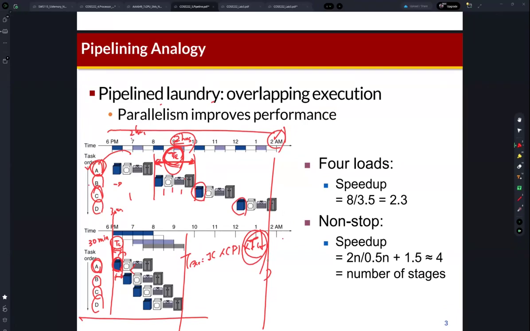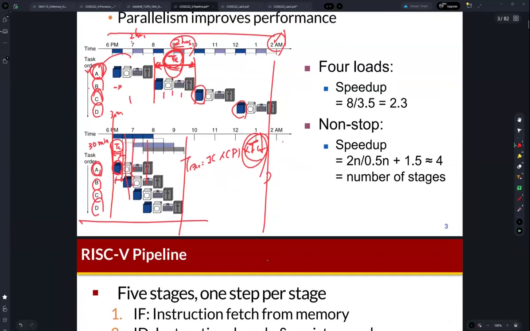Okay. So we can apply pipeline design if we can split a single task into multiple steps. This is the first condition. So if we can divide a single task into multiple steps, and there are many tasks, right? As you can see, there are 4 tasks here. We can apply pipelining design.